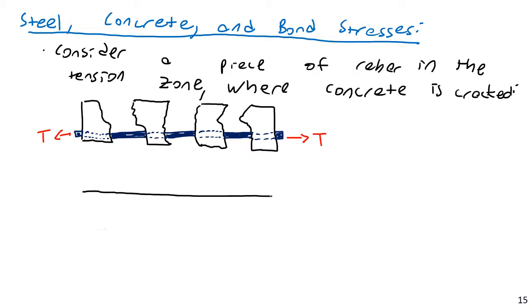Every time the steel interacts with a new piece of concrete, it's going to undergo a change in stress. So this is going to be the steel stress here. Actually, let me draw this a little bit higher because I need to squeeze a few things into this page. So the steel stress would be up here maybe. So this is steel stress.